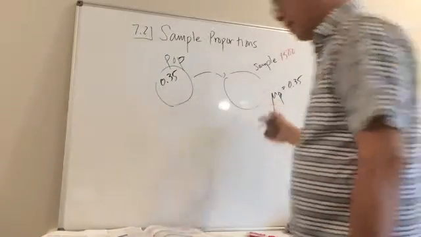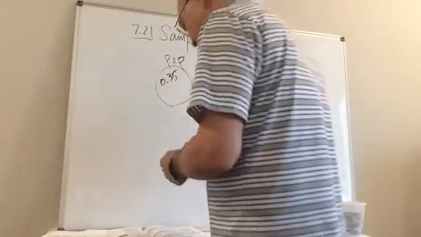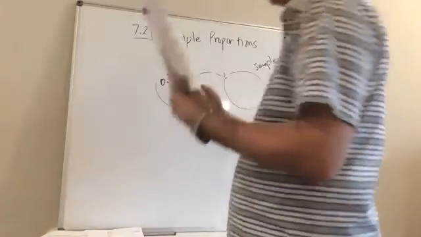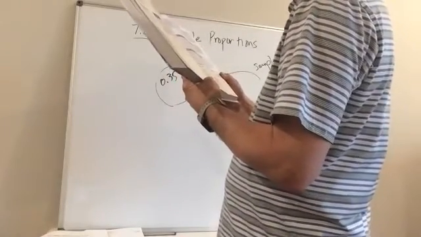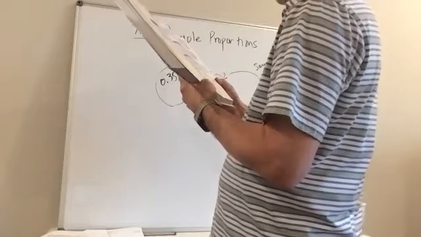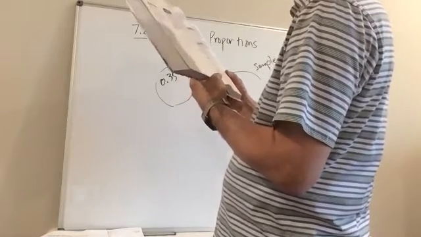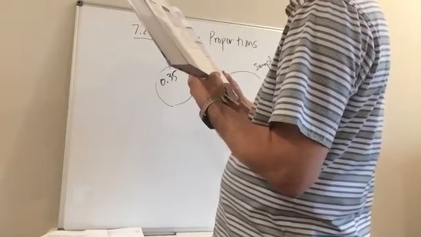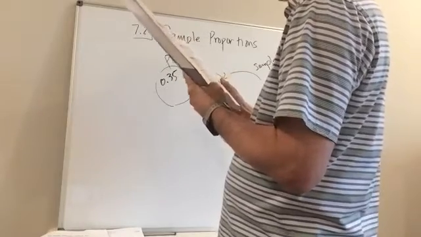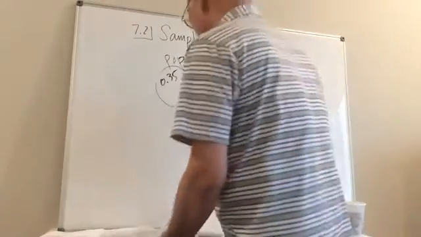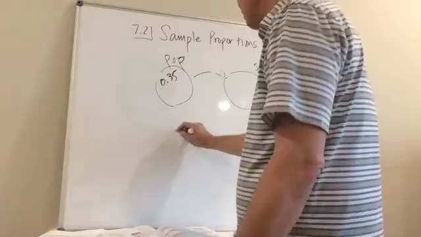Then I want to find the probability that it is within 2 percentage points of the true value. So let's go ahead and find the sigma.